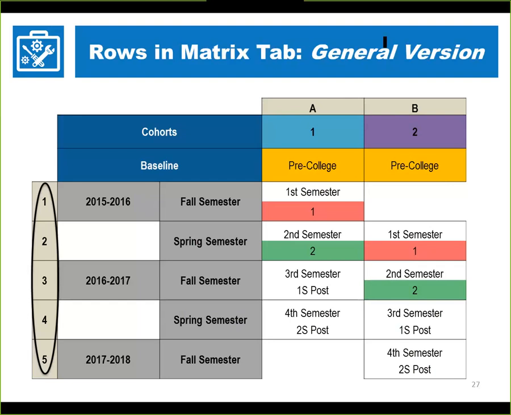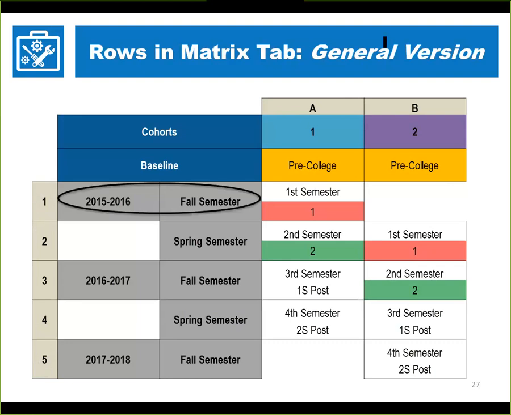Row 1 is semester 1, which is the fall semester of the 2015-2016 school year in our example. Row 2 is semester 2, the spring semester of the same academic year, spring 2016. Row 3 is semester 3, row 4 is semester 4, and row 5 is semester 5. So fall 16, spring 17, and fall 2017.